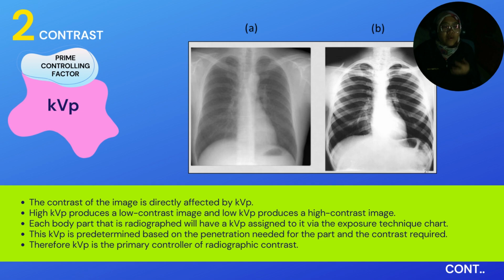As a radiographer, we assign the kVp using our exposure technique chart, and this kVp is predetermined based on the penetration needed for the part and the contrast required according to the body part of examination. Therefore, kVp is the primary controller of radiographic contrast.